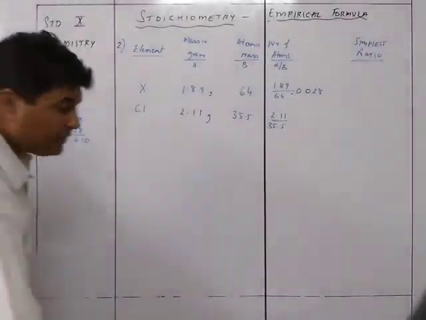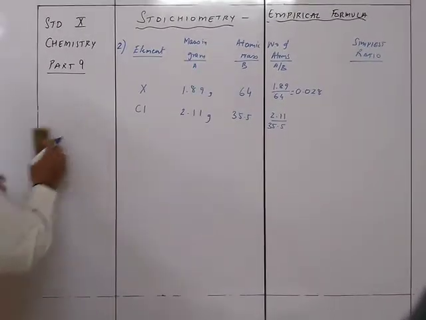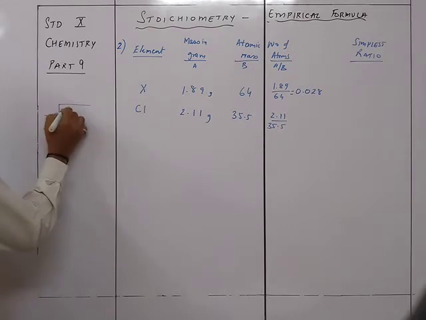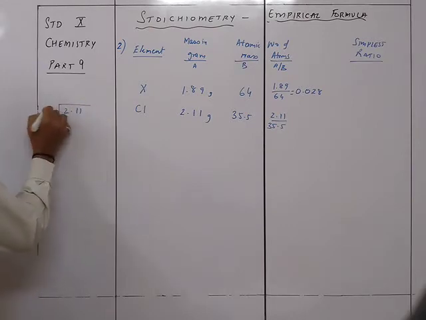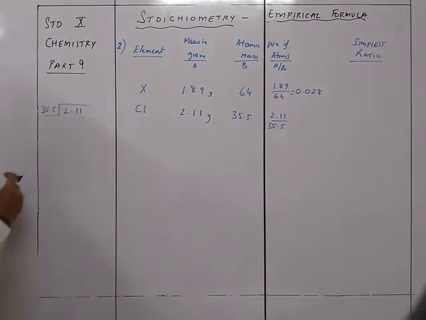On the other hand, we have 2.11 upon 35.5.